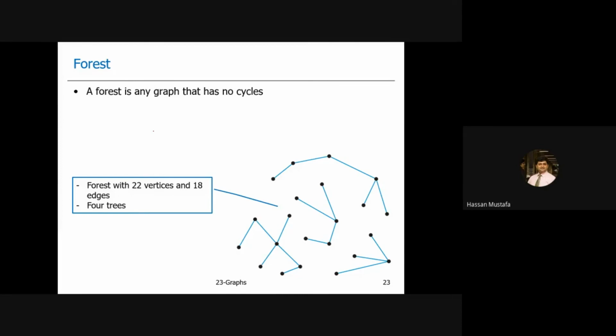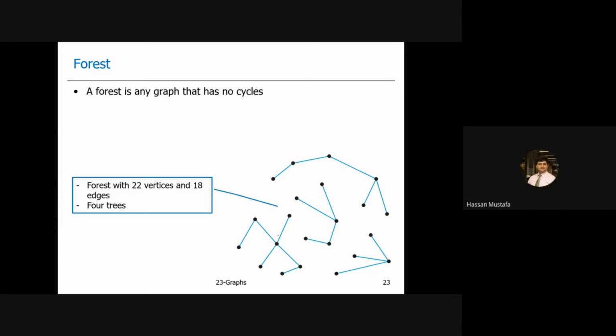If I remove multiple edges from a connected graph, and if I keep doing that, at first it would maybe disconnect the graph and divide it into two partitions.